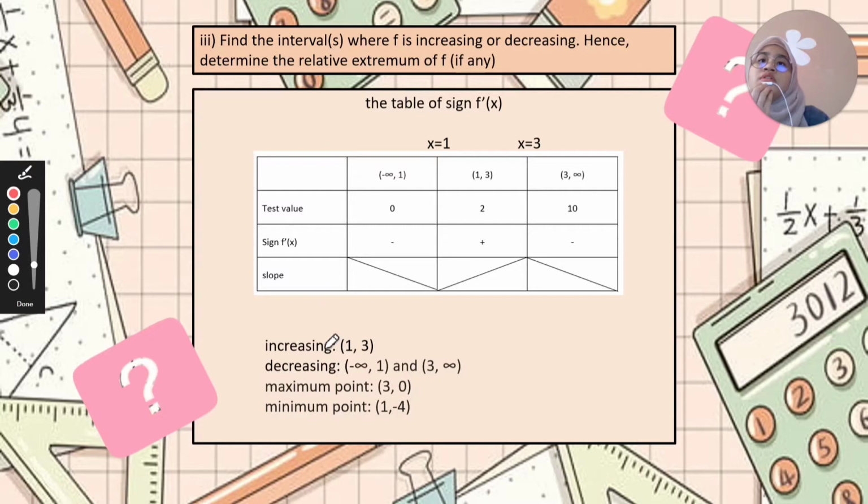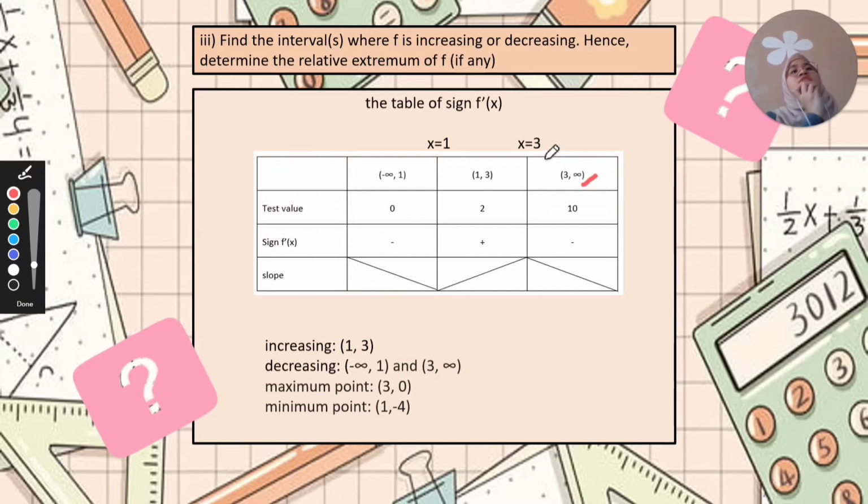To find the decreasing interval, take 1 and replace it here, and then take any value that is below 1. So any value below 1 is negative infinity.